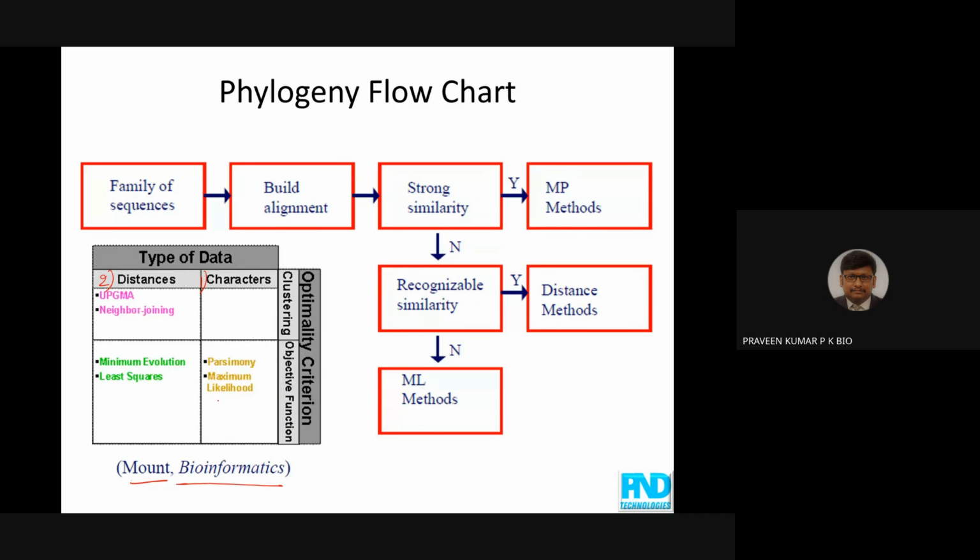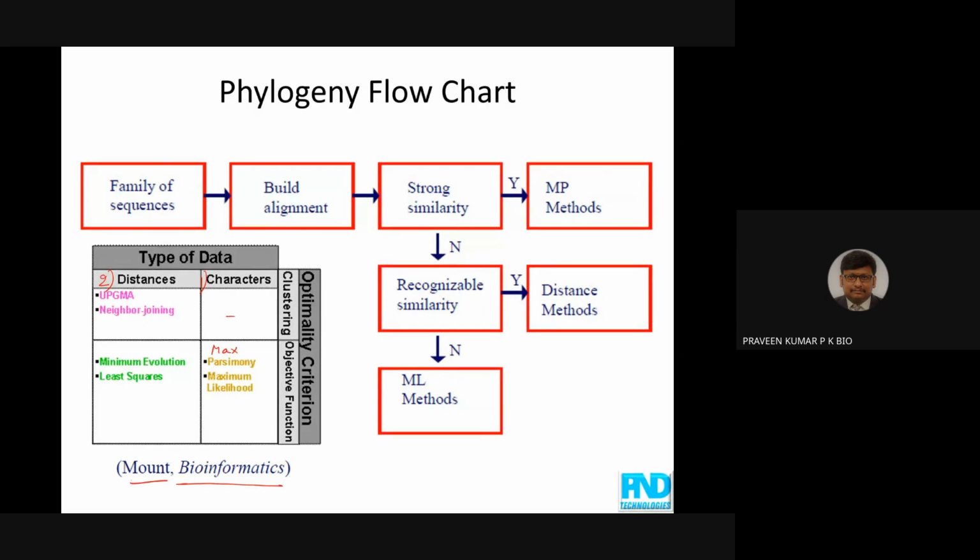Under clustering, we don't have any character based method, but based on a probability distribution function, we have two character based methods: maximum parsimony and maximum likelihood. These are the two character based methods for phylogenetic tree construction.